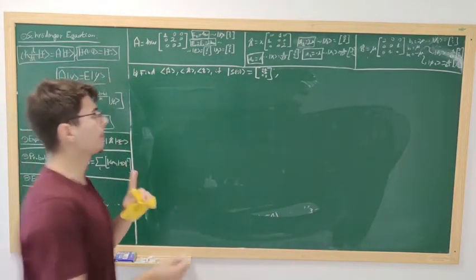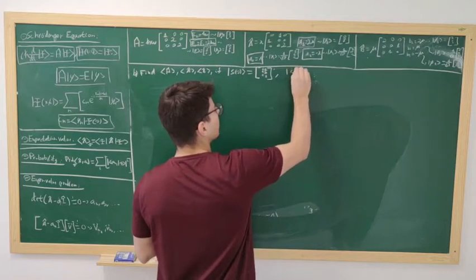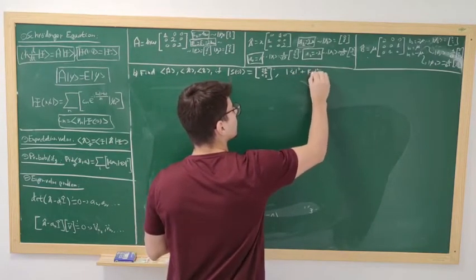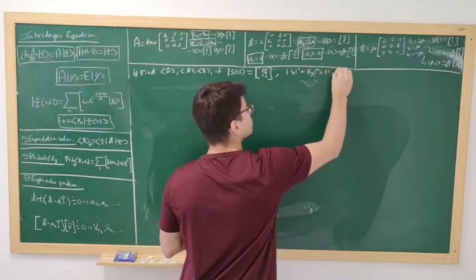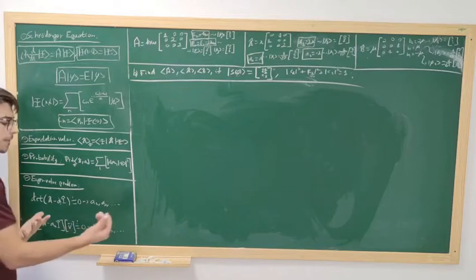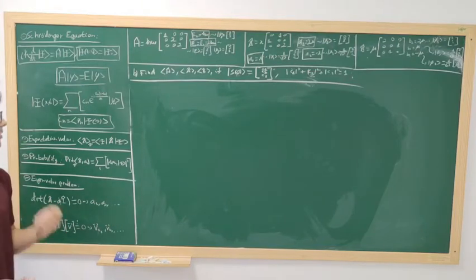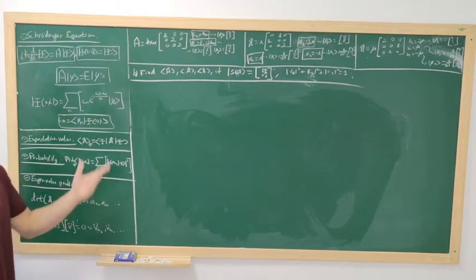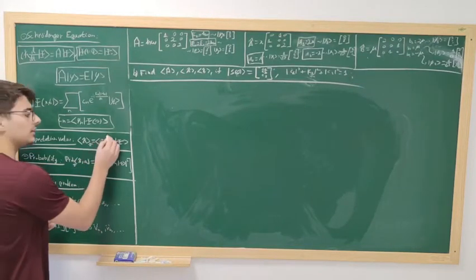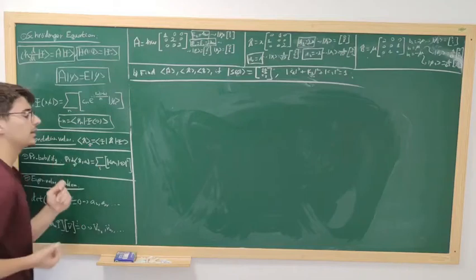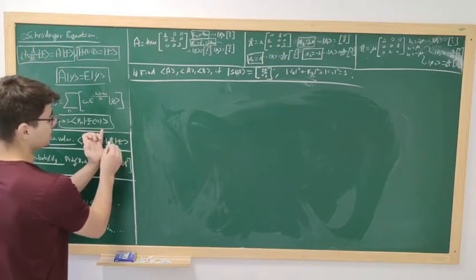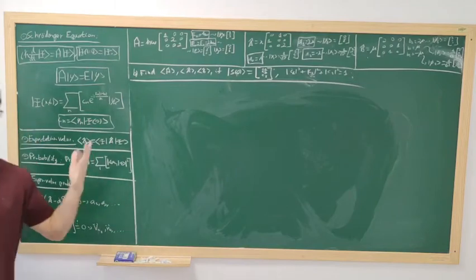And we have the condition that the modulus squared of C1 plus the modulus squared of C2 plus the modulus squared of C3 equals 1. The definition of the expectation value is the sandwich of the operator between our state psi. This sandwich just means that we're taking the dot product between the bra psi and the ket A applied to psi.